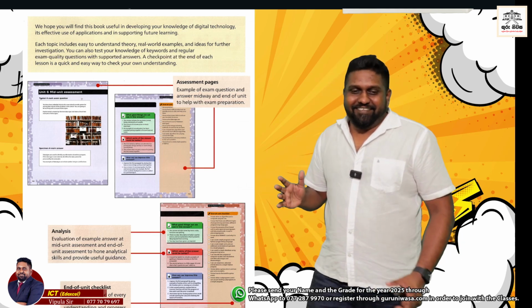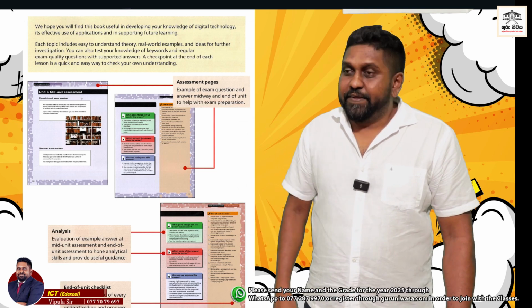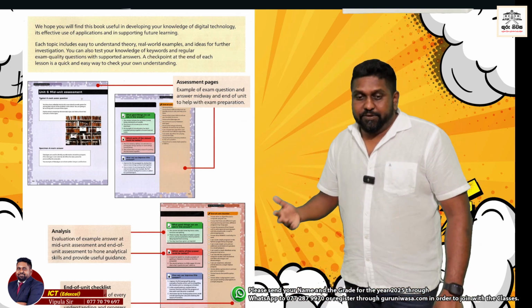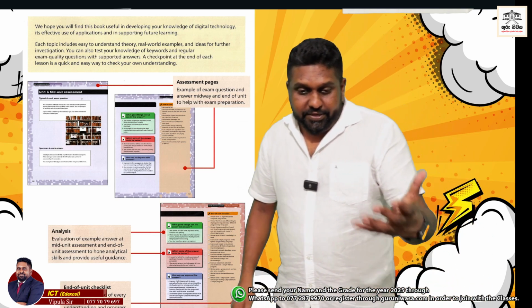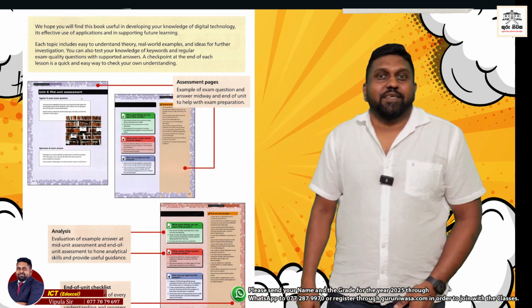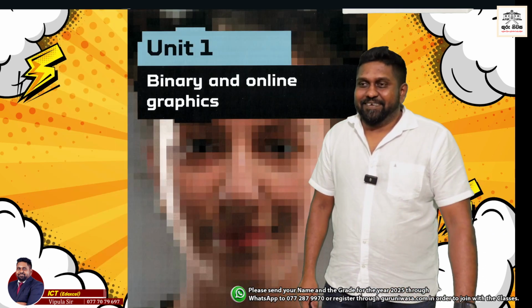The analysis will give you a set of example answers so that you can understand what is being done. And the end of unit checklist will say what you have completed and what you should know at the end. Okay, so that's how it works.